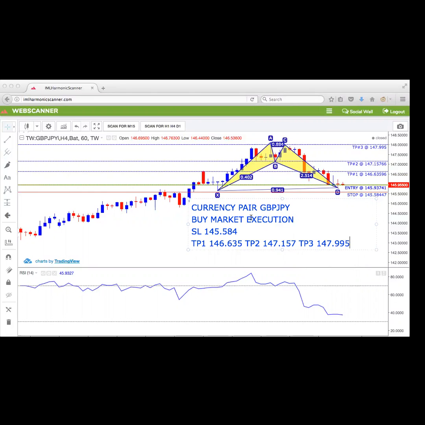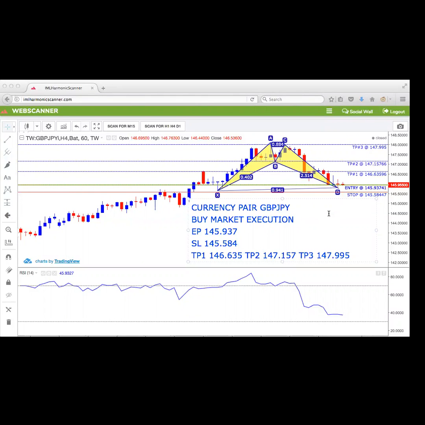So now we have this information. I want you to write all of this information down. We're going to put the entry price in too. What's the entry price? It was 145.937. Now we're going to take this information and use it in MetaTrader 4.